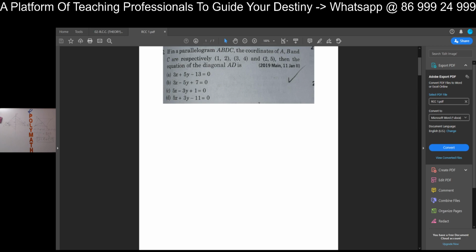It's a very simple question because if you find out the midpoint of this, it is 5 by 2 comma 9 by 2.